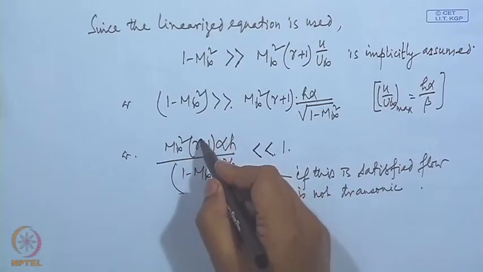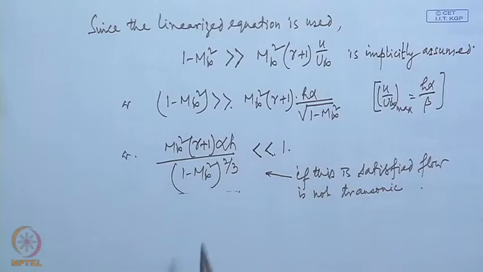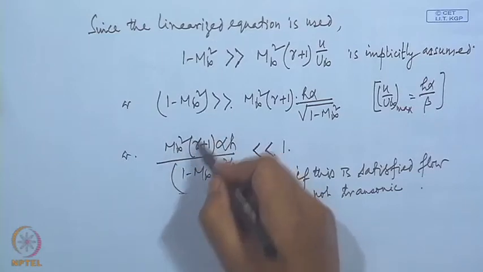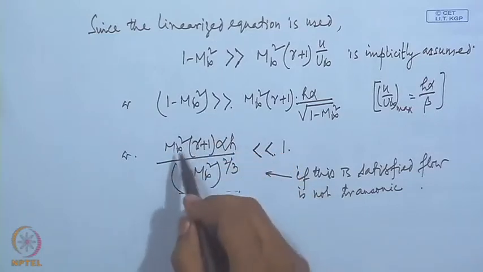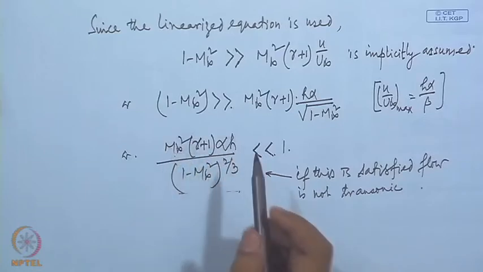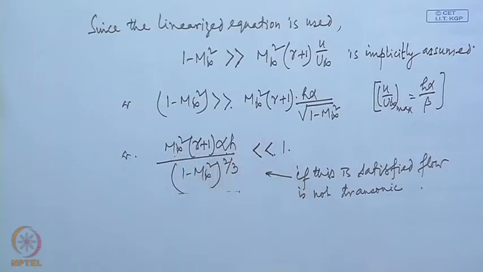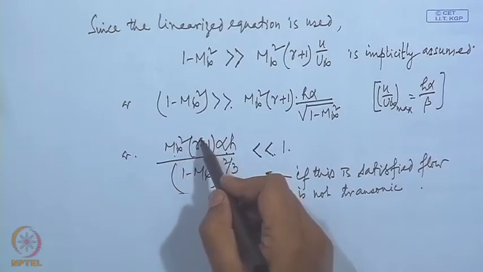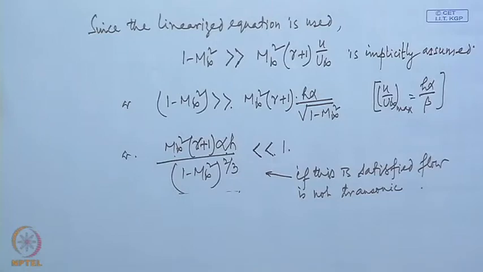So, we can call it a transonic parameter, and what we see is that this transonic parameter includes gamma, that is, the gas. So, just the value of free stream Mach number or even the geometry is not sufficient to decide whether the flow is transonic or not. Also, what the gas is decides whether a particular flow is transonic or not.